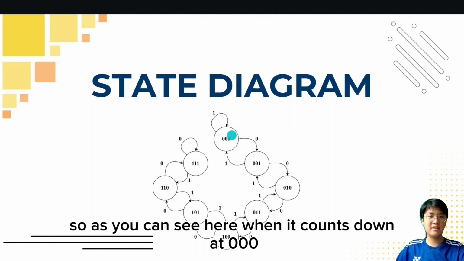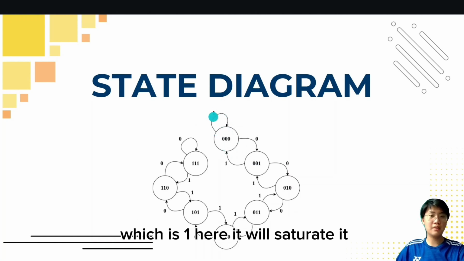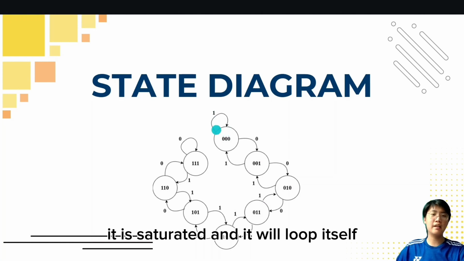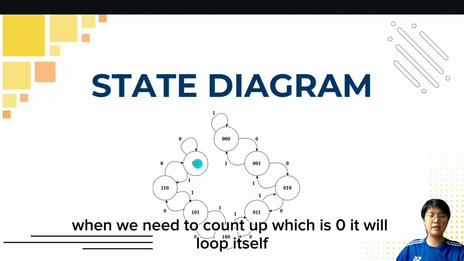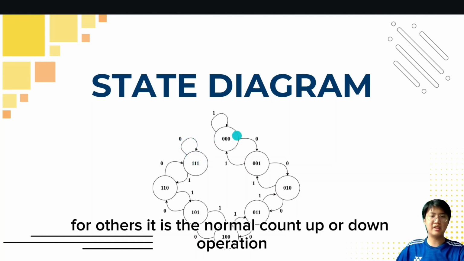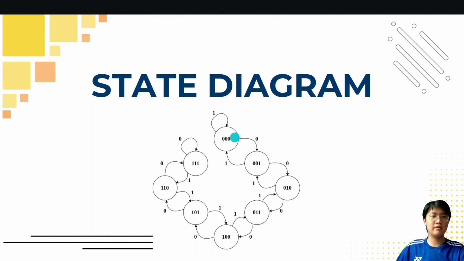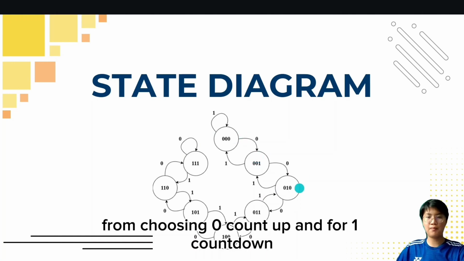As you can see here, when it counts down at 000, which is input 1, it saturates and loops itself. The same goes for 111 when we need to count up, which is 0; it loops itself. For the other states, it is the normal count up or down operation, with 0 for count up and 1 for count down.